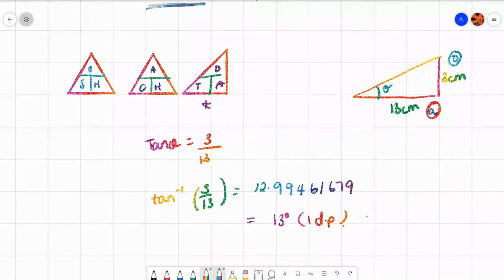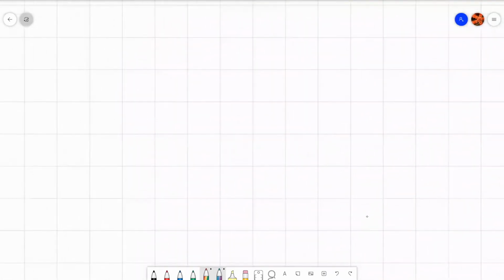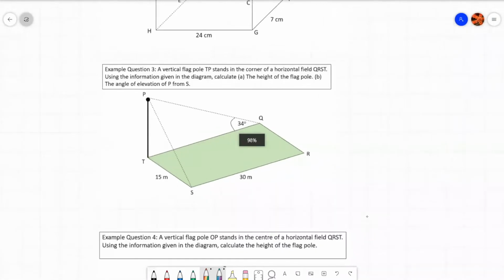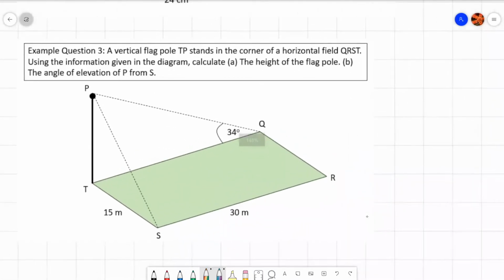Okay. Let's have a look at another example then, shall we? Okay, let's have a look at this question here. So zoom in a little bit. So we've got this question here. It says a vertical flagpole TP stands in the corner of a horizontal field QRST.